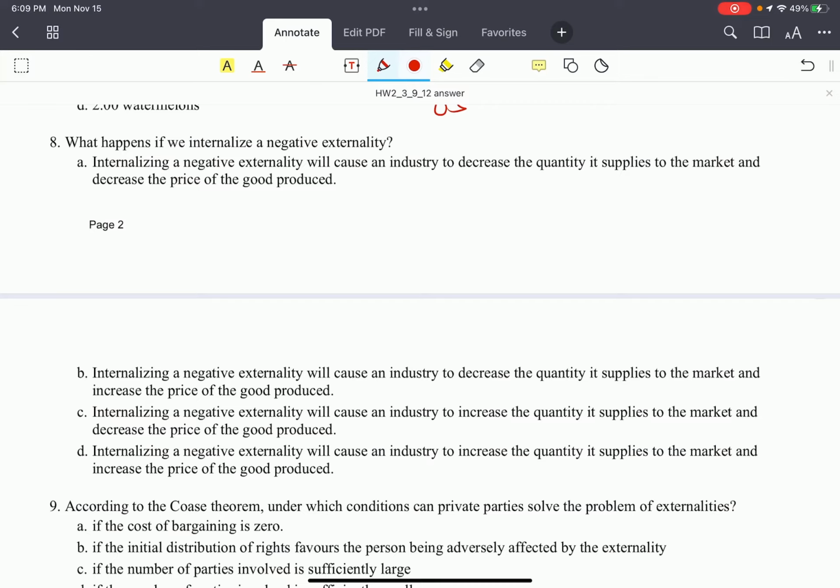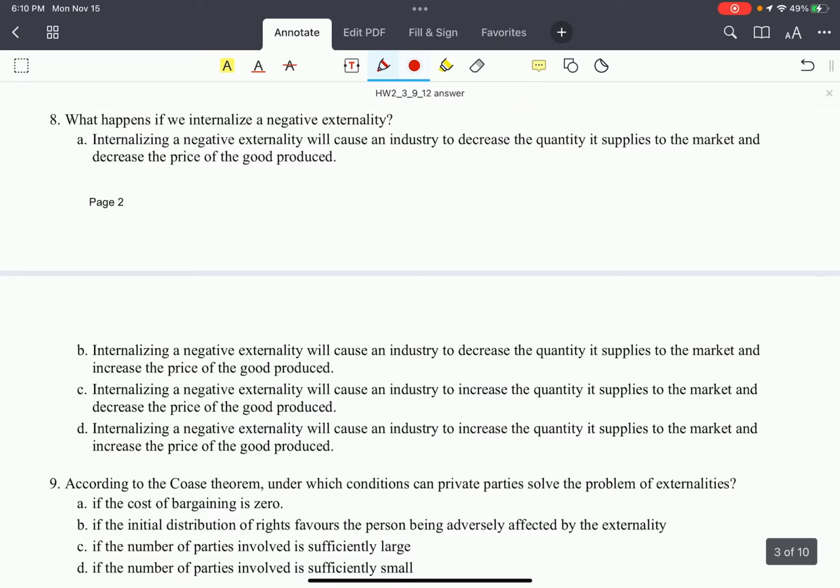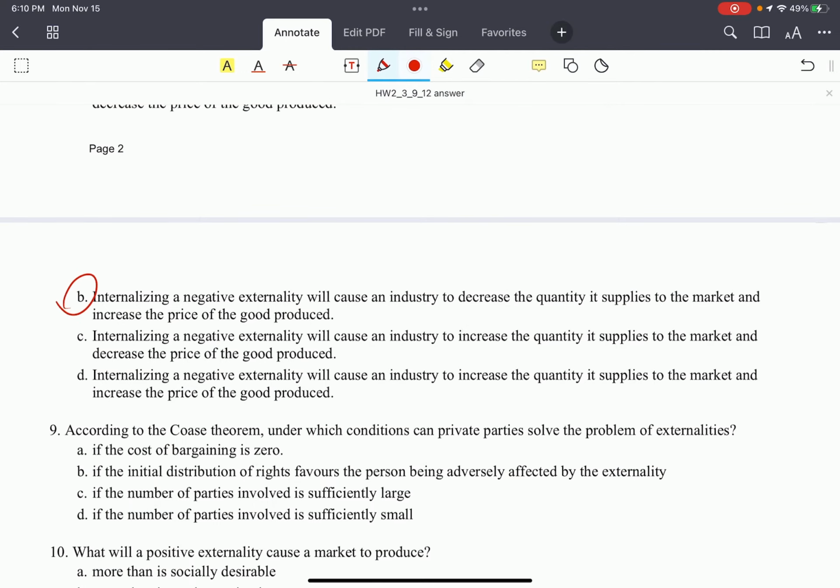So if we use a tax to internalize this negative externality, then what we will see is the price will be higher and the quantity will be lower. So let's look at these choices and see which one fits what we have just discussed. So I guess, yeah, this is B, right? This is exactly what we just talked about.